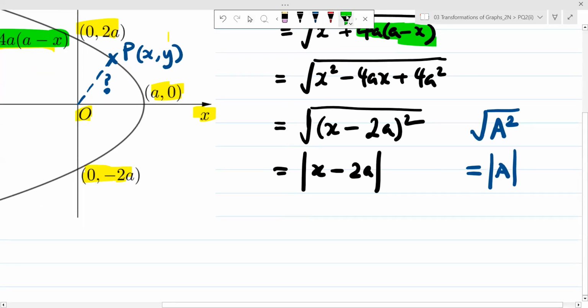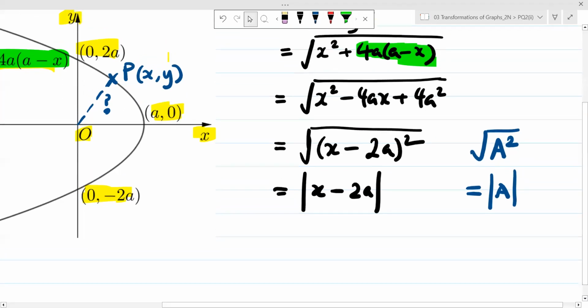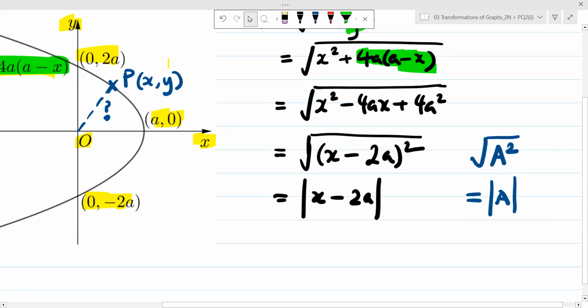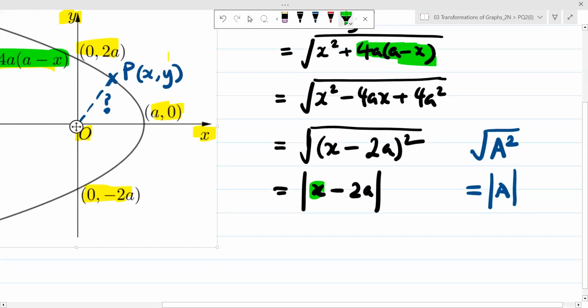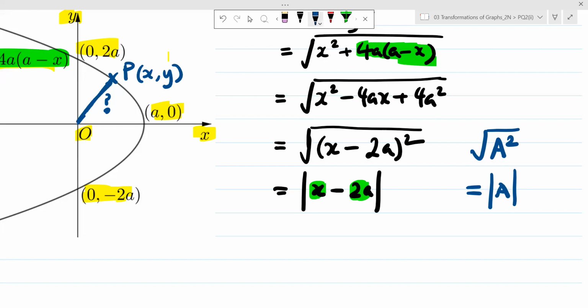What does it mean? Or rather, which line, okay, are all the points equidistant from? Okay, so now you think about it. There's a x minus 2a. Okay, so we are saying that this distance here is modulus x minus 2a.